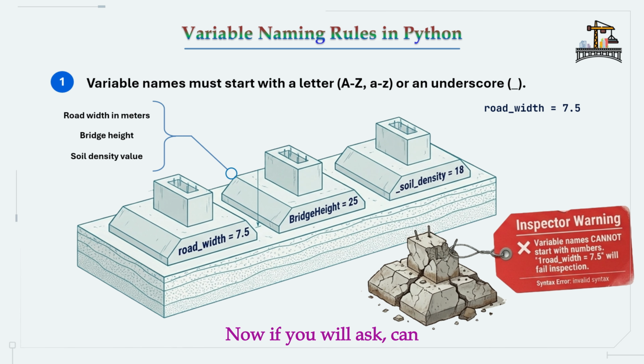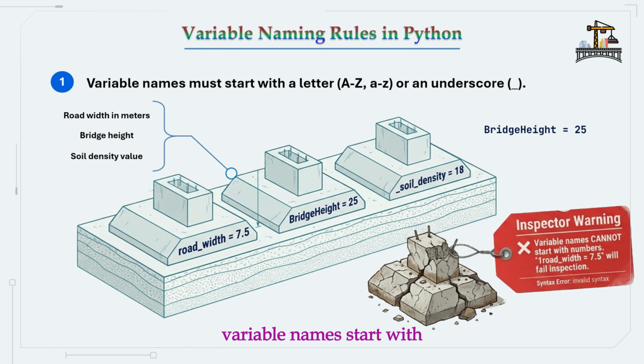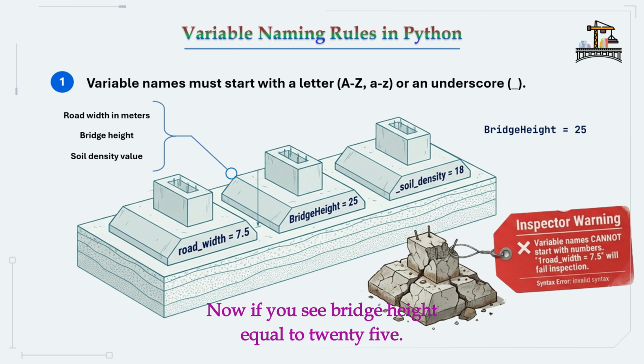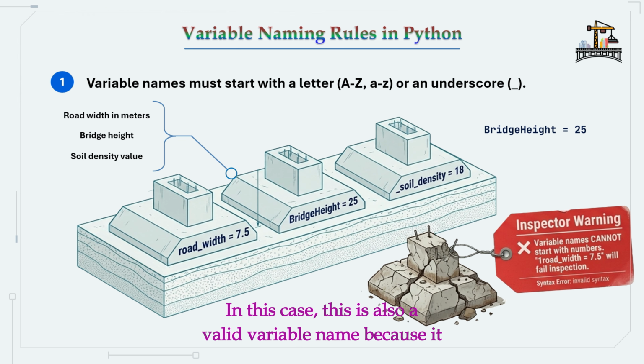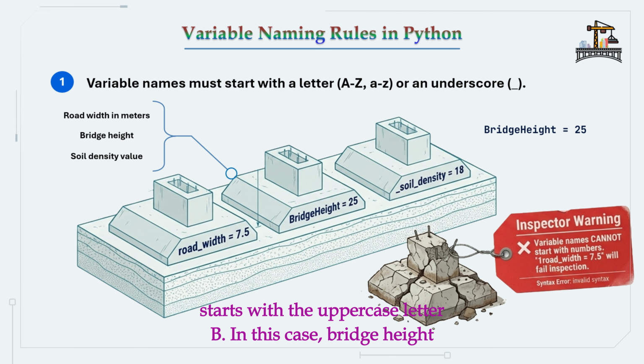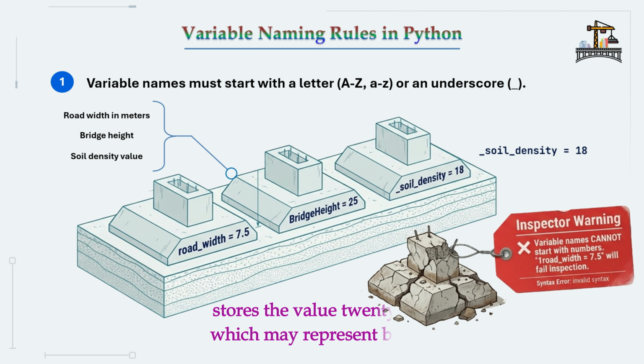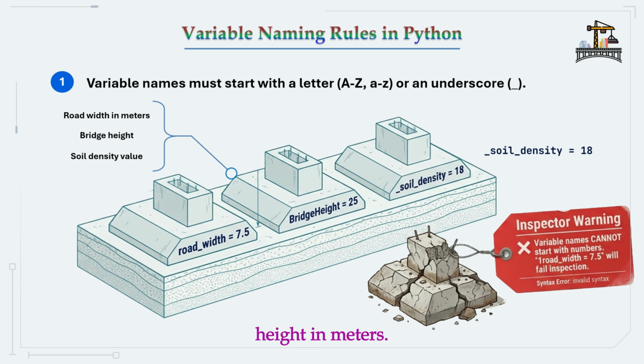Now if you ask, can variable names start with capital letters also? The answer is yes. Now if you see Bridge_height = 25, in this case, this is also a valid variable name because it starts with the uppercase letter B. Here Bridge_height stores the value 25, which may represent bridge height in meters.